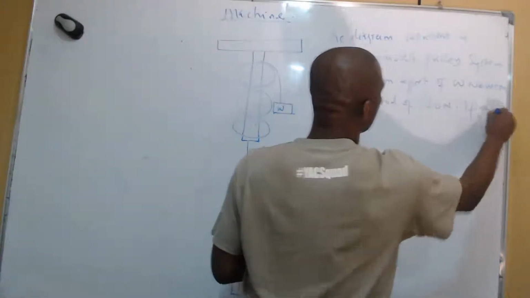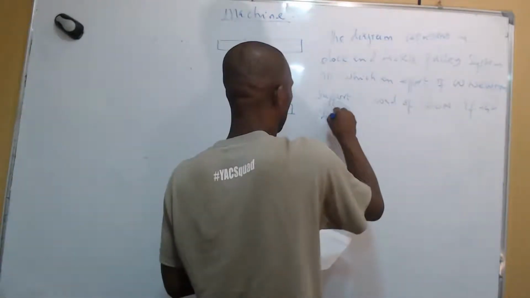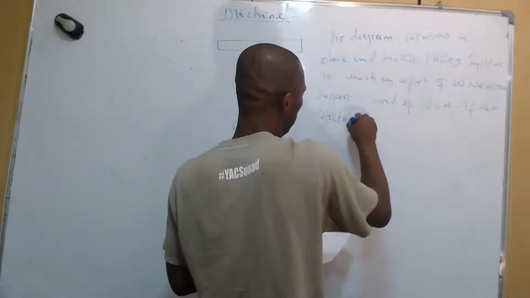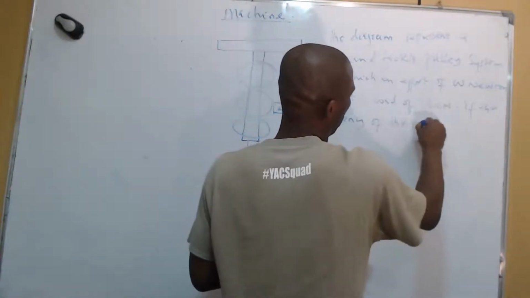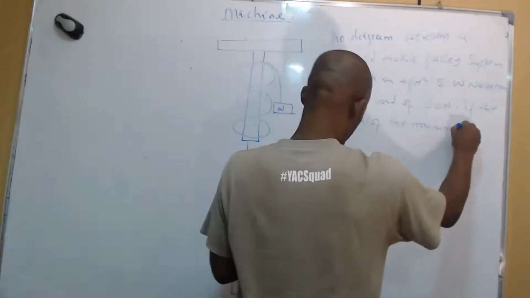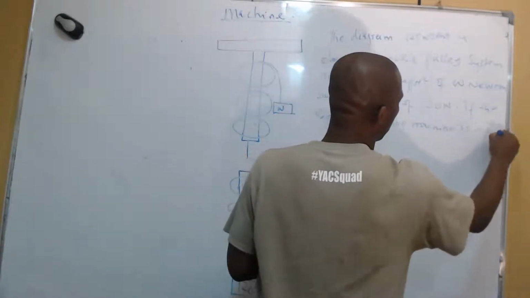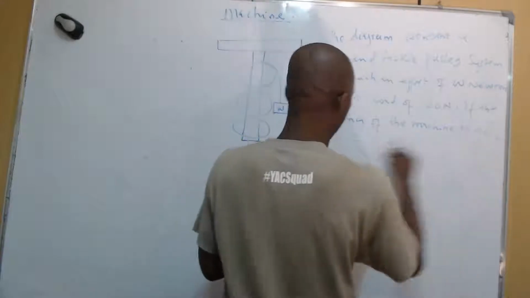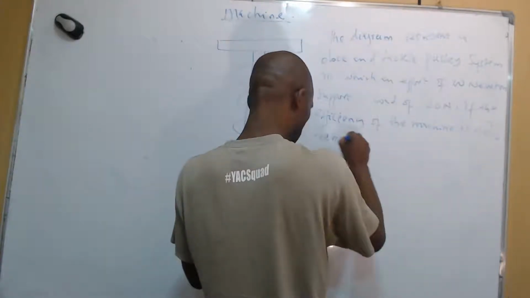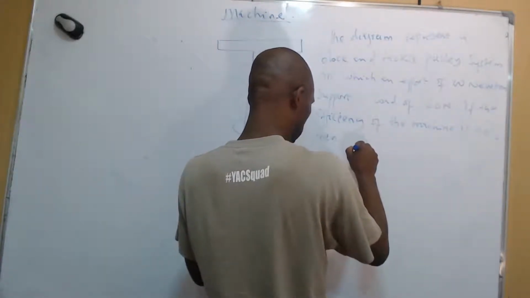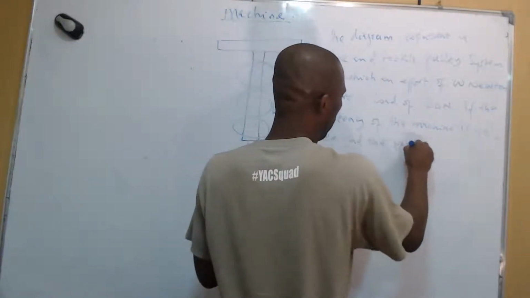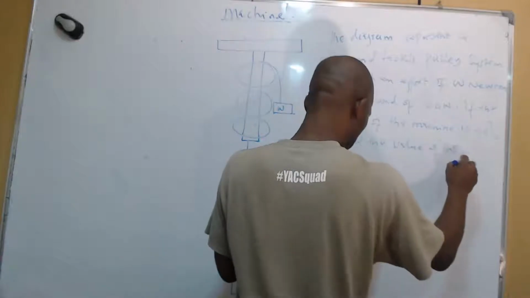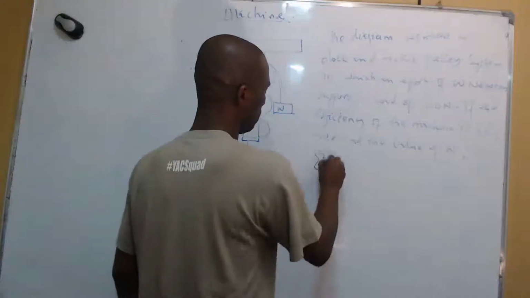If the efficiency of the machine is 40%, then find the value of W.